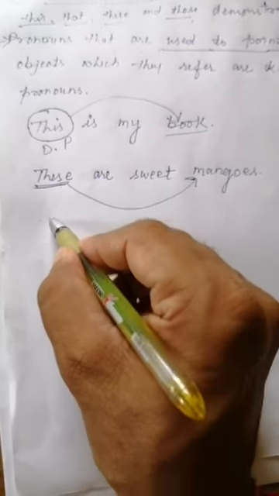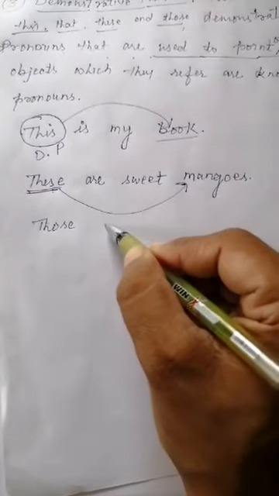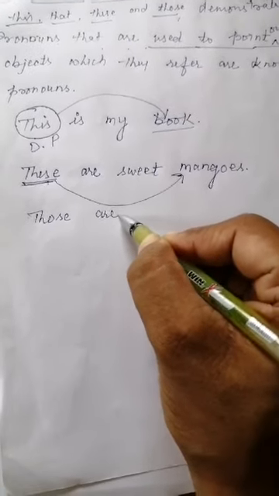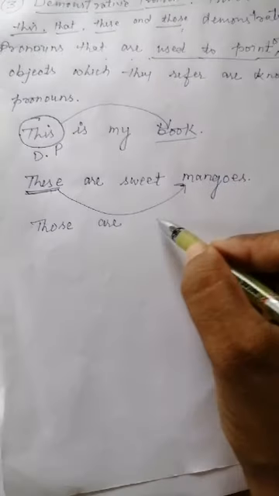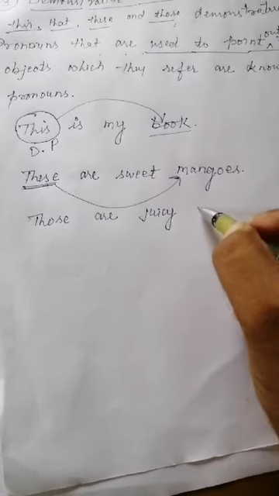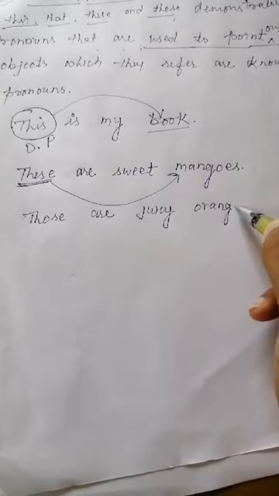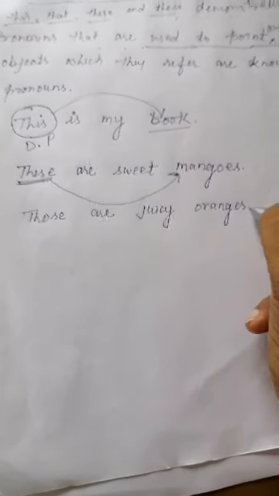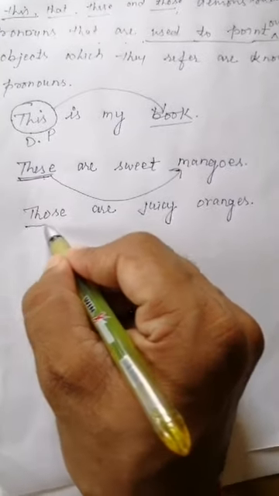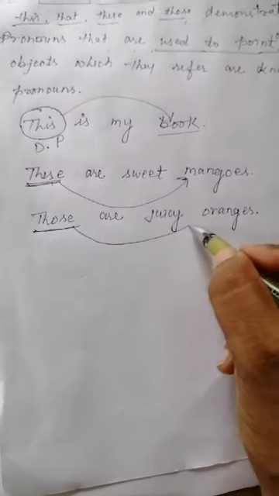Another example. Those are juicy oranges. So again you can see here those is pointing out juicy oranges.